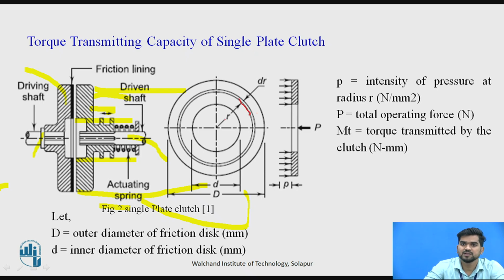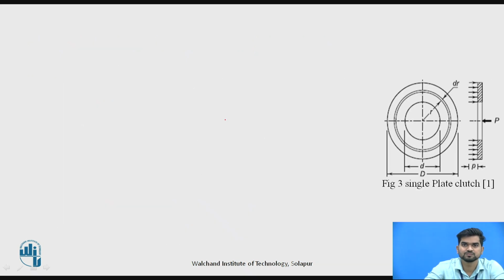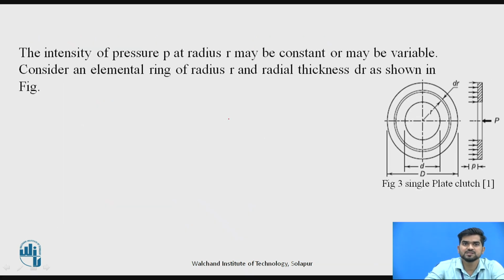On that particular plate at the radius r, the intensity of the pressure is small p, and capital P is nothing but the total operating force in newtons, and MT is nothing but the amount of torque transmitted by the clutch. That is what we need to find out. The intensity of the pressure p at a radius r may be constant or may be variable.